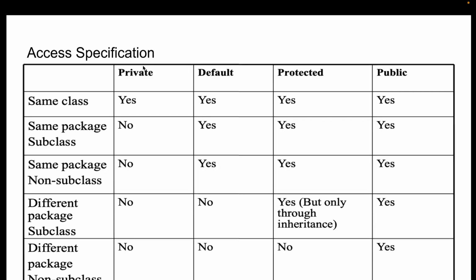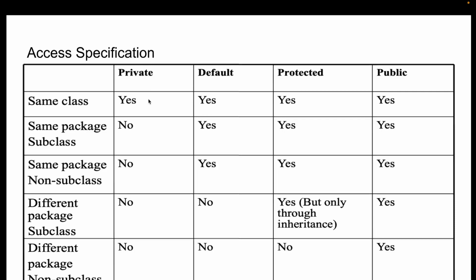We know that private is accessible only in the class in which it is defined. See, if you look at this table, on the left-hand side in the first column, we have the access levels: same class, same package subclass, same package non-subclass, different package subclass. What that means is the private access specifier is only accessible in the same class.